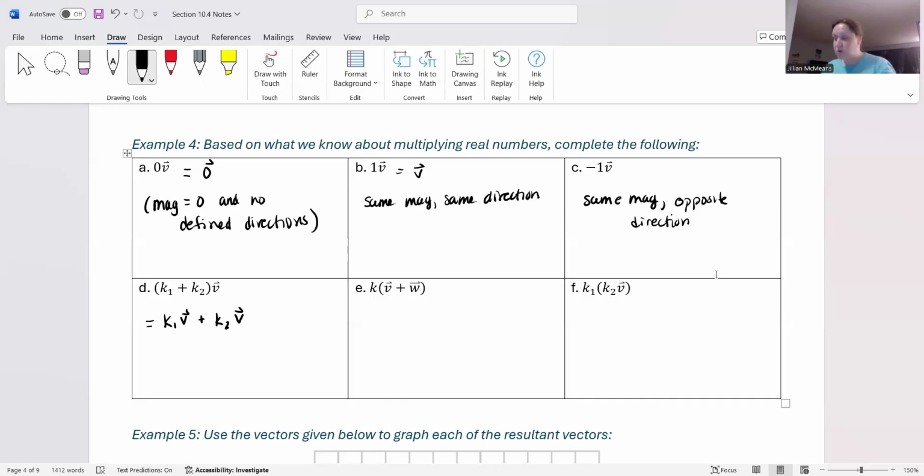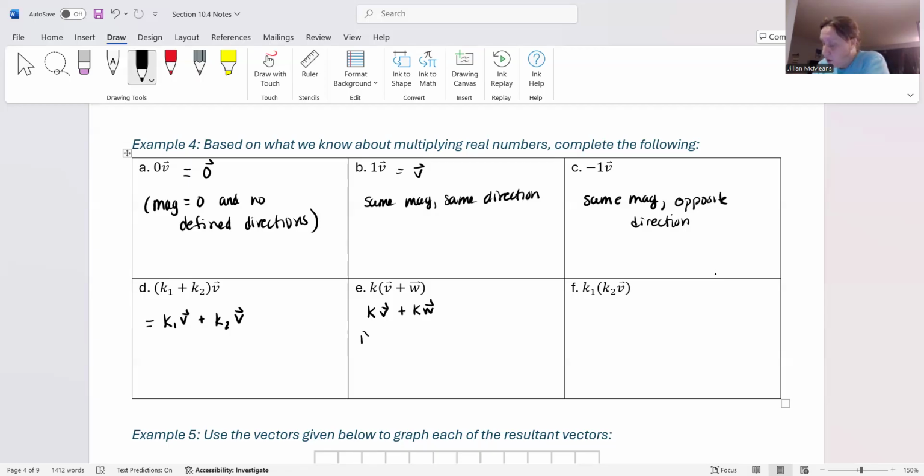And then the same thing is true kind of in part E. We have k, which is going to be some scalar, times vector v plus vector w. So I can take k times vector v and then add it to k times vector w. So essentially what this means is if I take vector v and vector w, and I add them, okay, and then I elongate them, that would be the exact same thing as elongating v and then elongating w and then adding them.